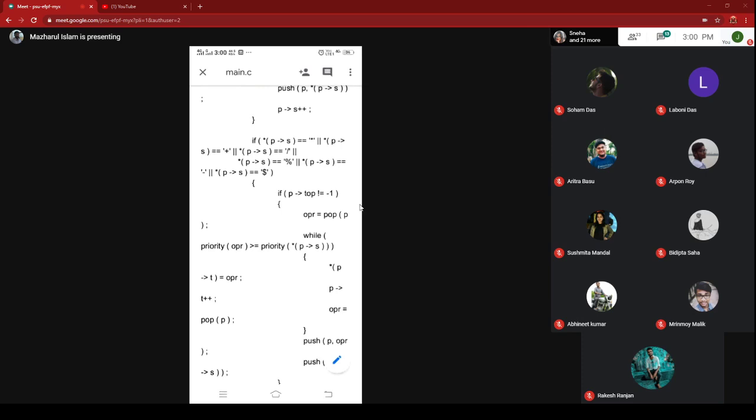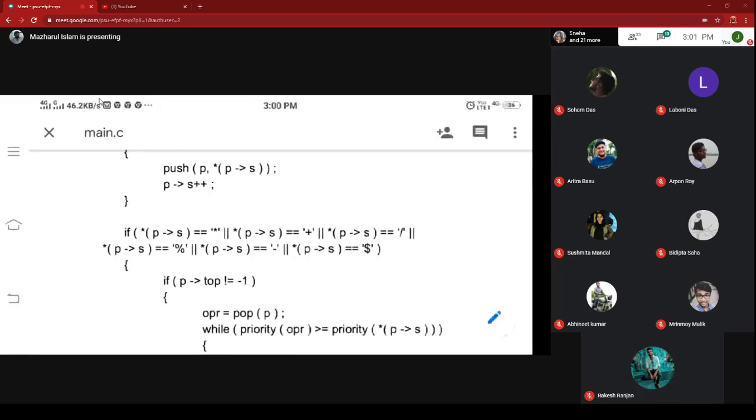Then you have to perform polynomial addition and polynomial multiplication. I explained the polynomial topic when I discussed the application of the linked list. That program is pending. If time permits, I will explain polynomial addition.